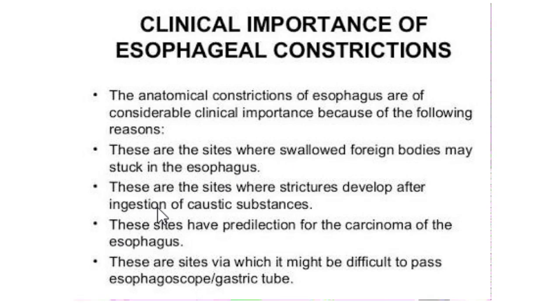The second point is that these are the sites where strictures develop after ingestion of caustic substances. The third point is that these are the common sites for carcinoma of the esophagus. Carcinoma of the esophagus most commonly develops at these sites.